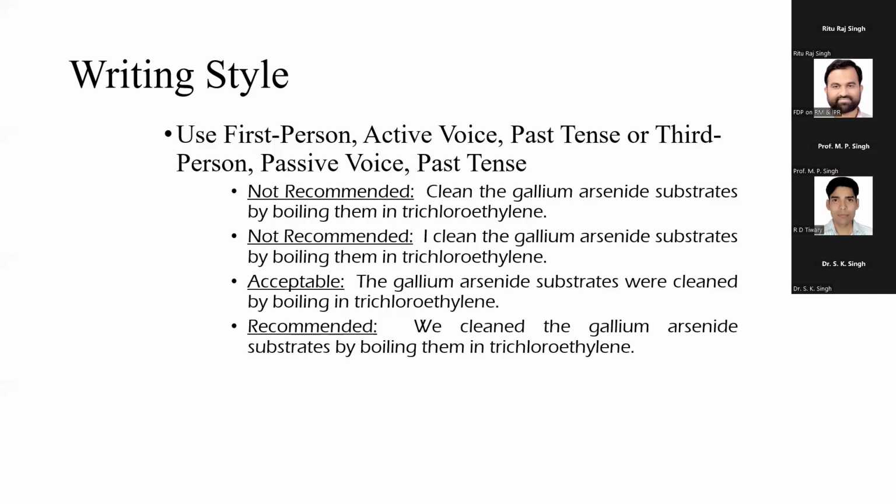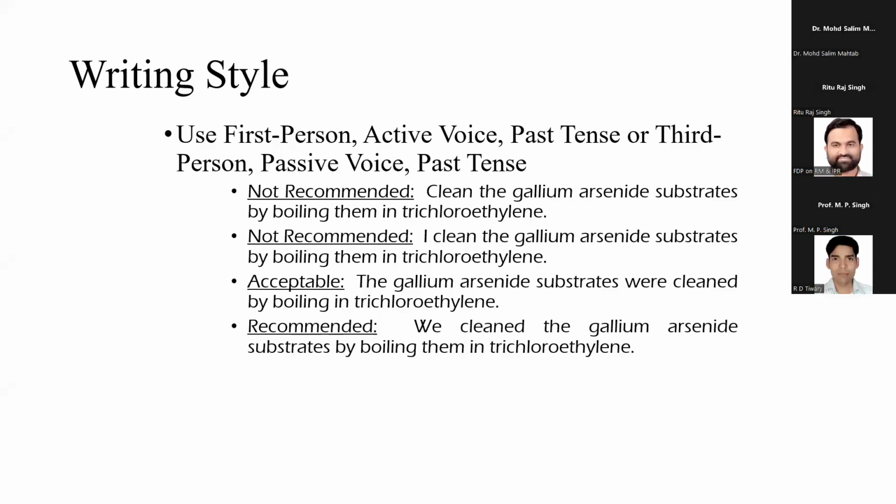But instead of the first two, which are not recommended in technical writing, what is acceptable is: the gallium arsenide substrate was cleaned by boiling in trichloroethane. This is much better than the previous two.